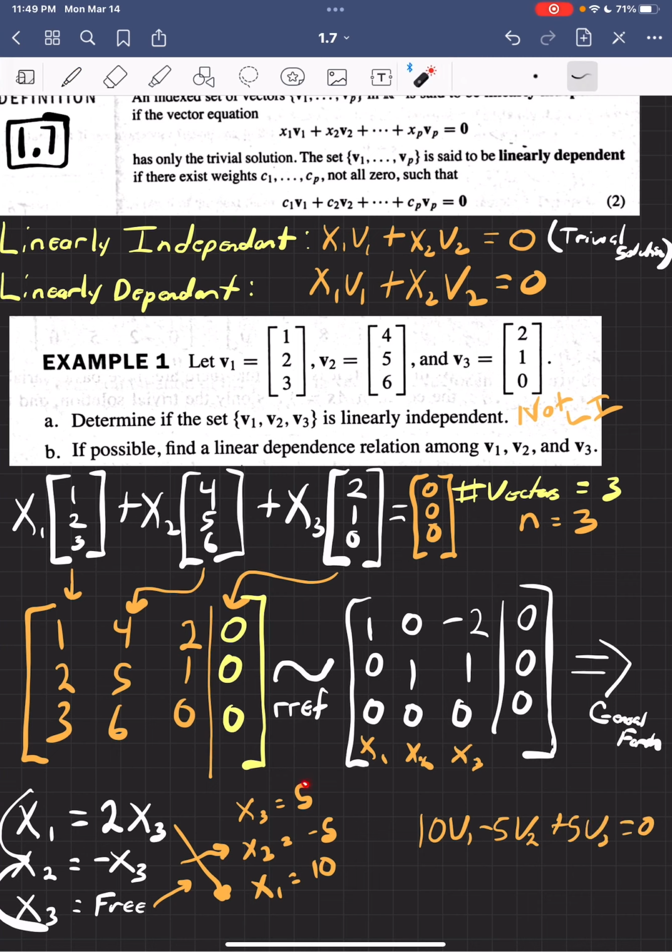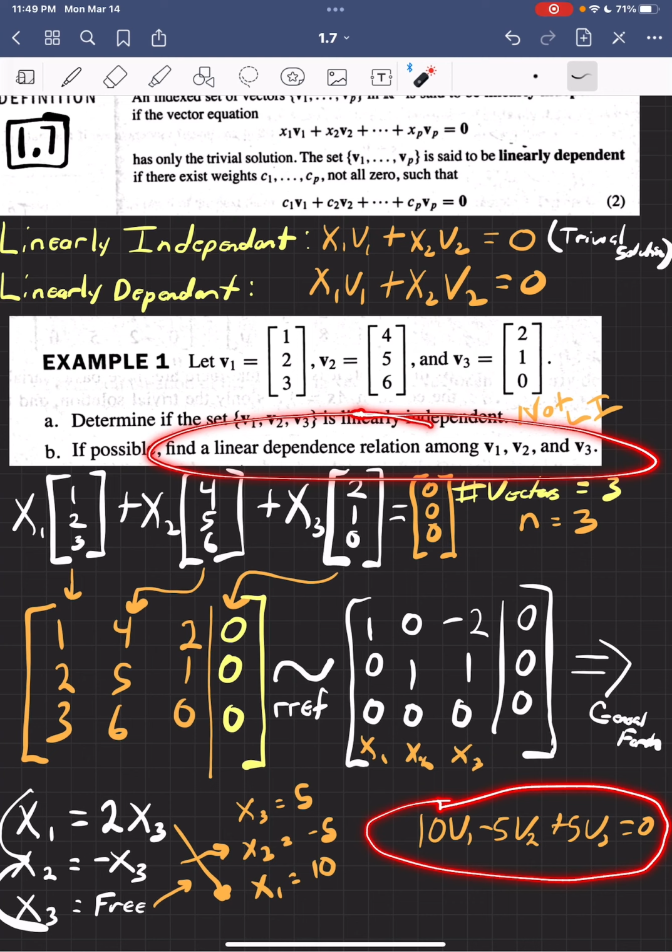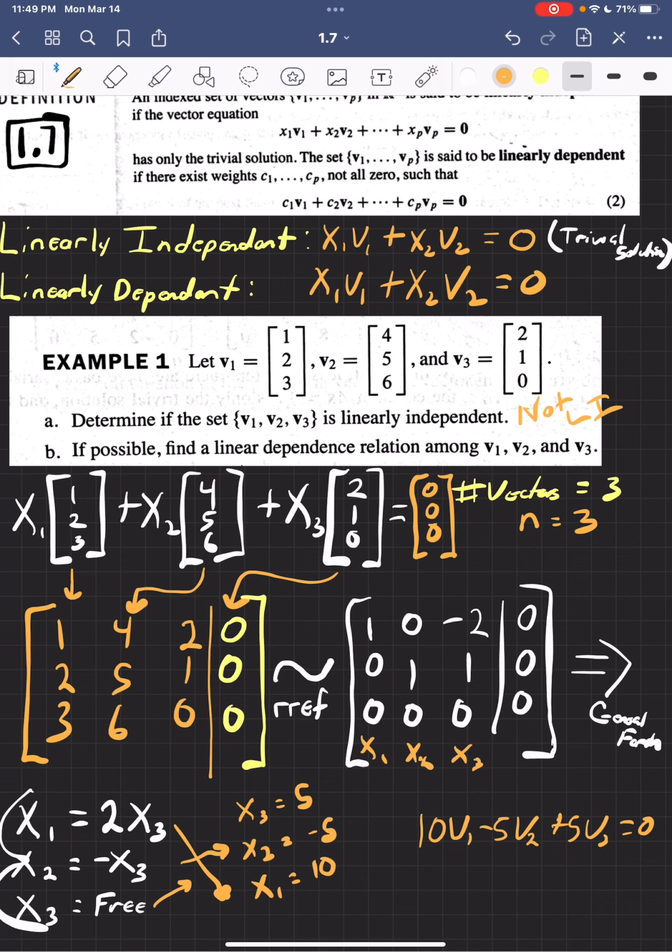That's what we just said. If you plug in 5, negative 5, 10, this here is the linear dependence relation among these 3 vectors. This is the answer to part B.